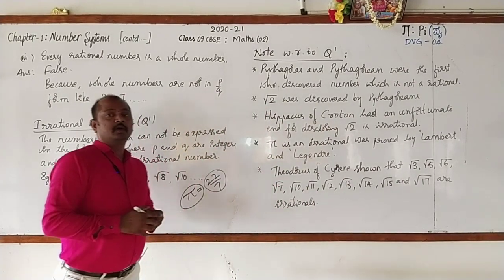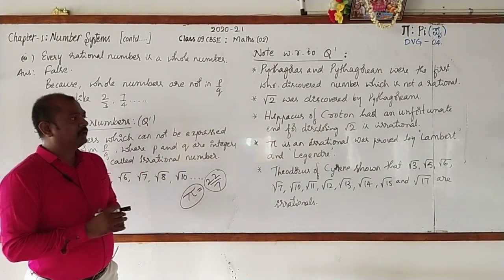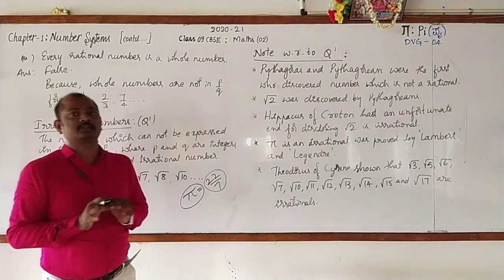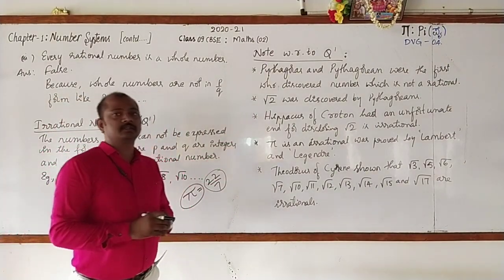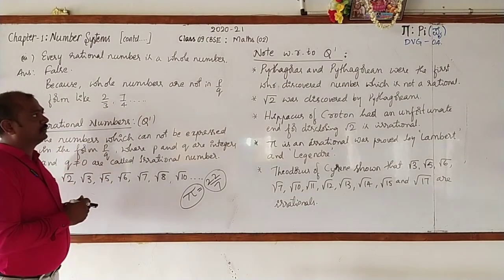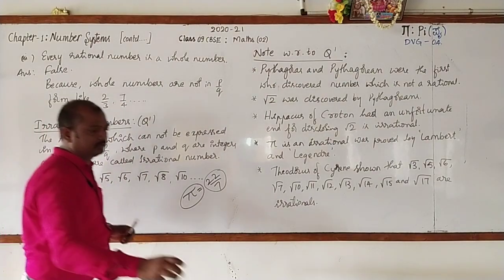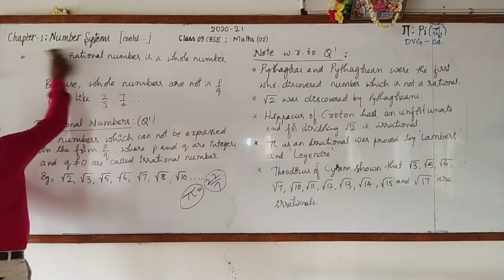Yes. I hope that you all have copied. If not, again I'll give you the instruction: pause the video, copy all these points, then come back to the further part of the chapter. Let us move on to it.